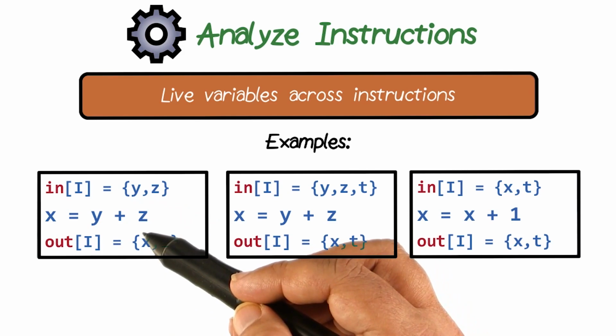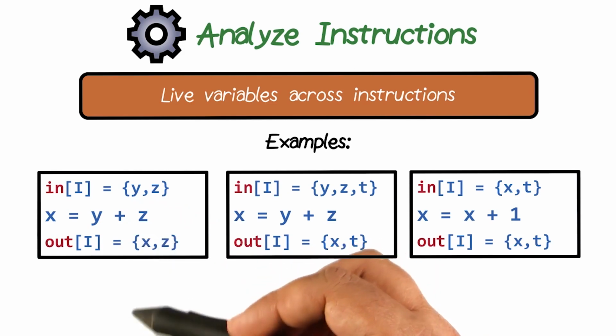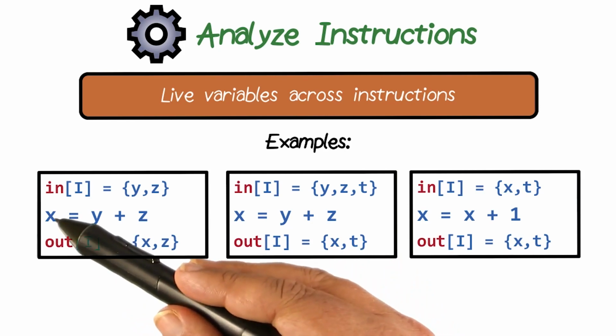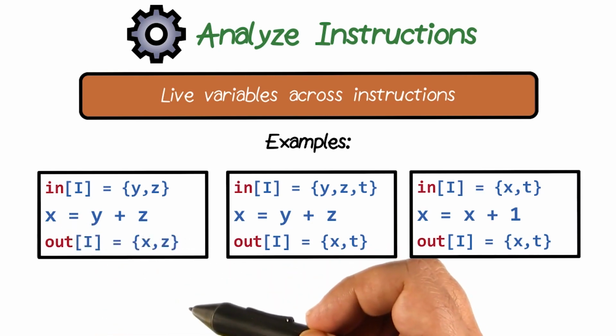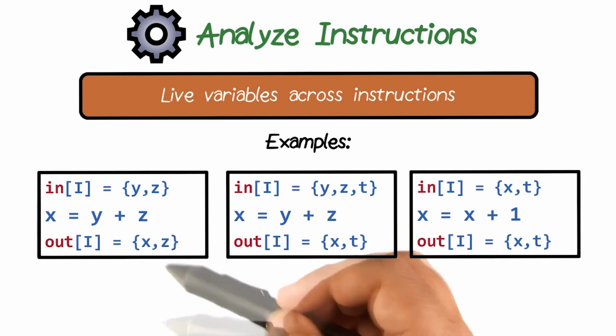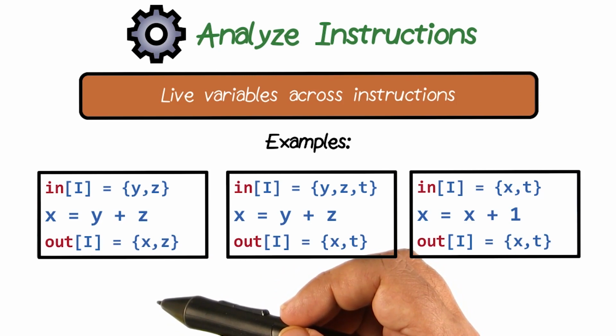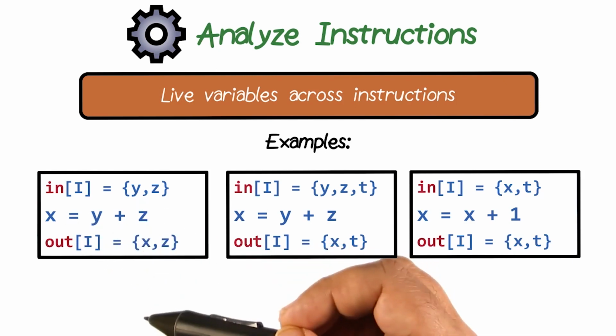Similarly, if we go here and analyze what may happen further from this particular program point, it may be that x is used somewhere down here and maybe z is used somewhere down here, so x and z might be live over here. Now, one other way to look at it is that as far as x is concerned, it is not live here.